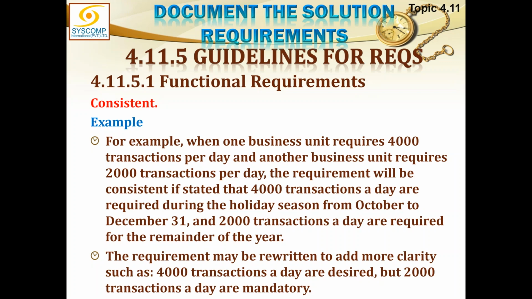So that corrects everything. It has been explicitly defined. The requirement may also be rewritten to add more clarity, such as 4,000 transactions a day are desired, but 2,000 transactions a day are mandatory. So the minimum capacity we want is 2,000 and we desire that it should be 4,000.